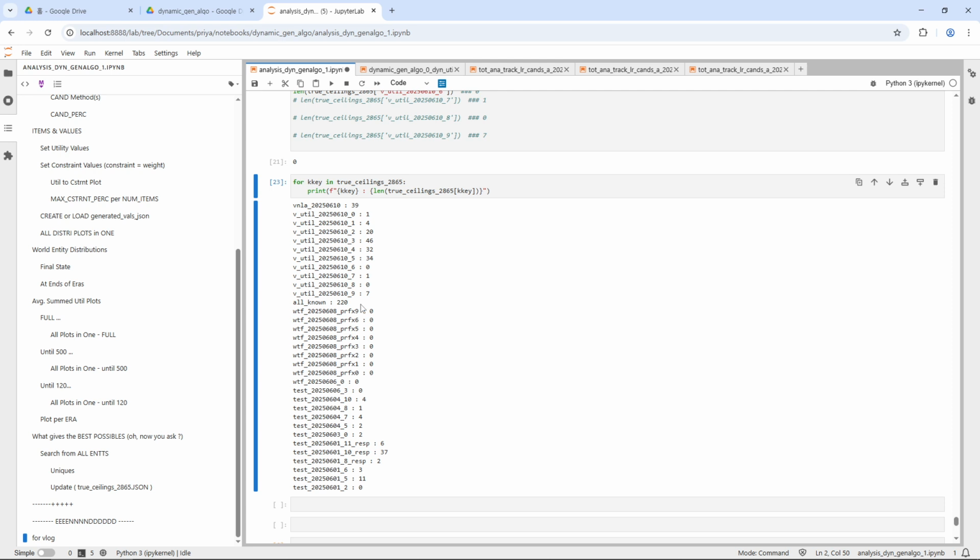Oh, that's a bit of a spoiler. So far I have found 220 unique true ceilings. Unique as in across all these iterations. And what I used from the last video, any one of the 7, or is it 8 procreate functions, none of them actually gave me a true ceiling.